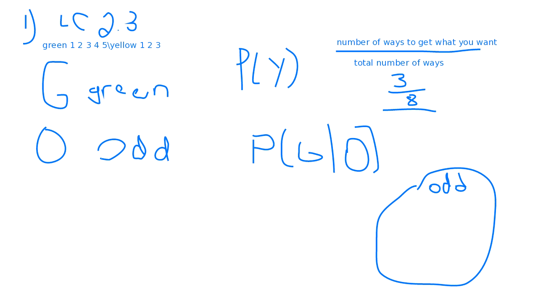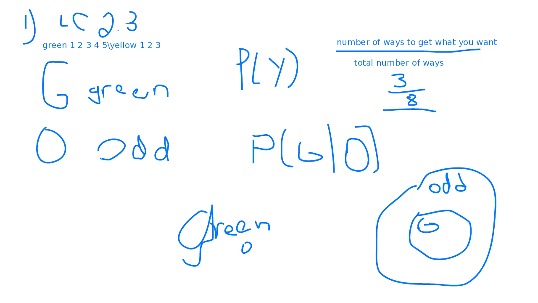So green is going to be a subset of the odds. When you have a problem like this with that line, that means green given odd.